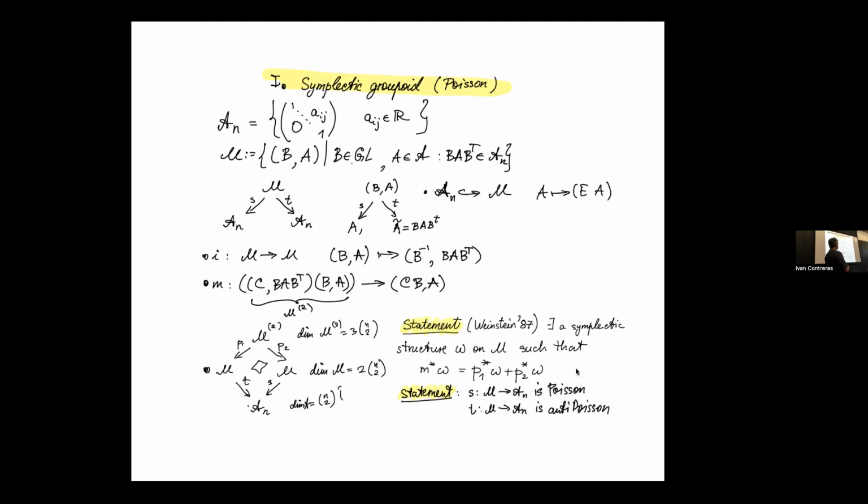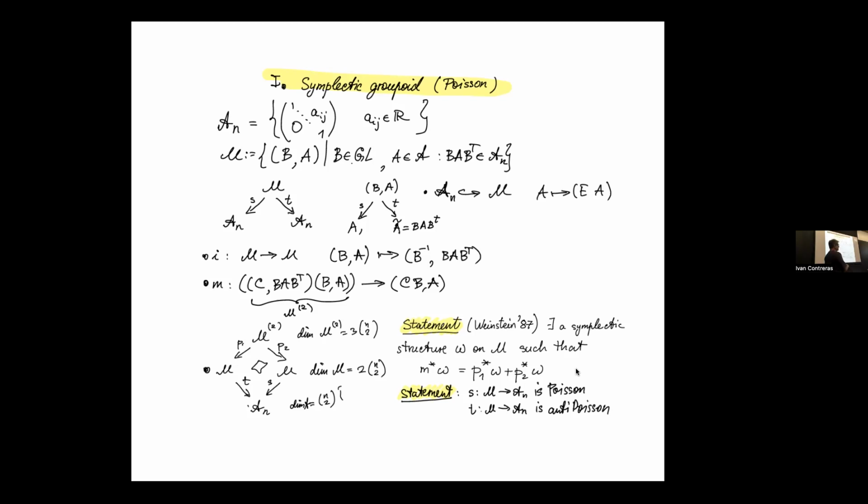So finally, the claim by Weinstein is that there exists a symplectic structure omega on M such that it satisfies the following condition: that the pullback of omega, so we lift the symplectic structure from M to M2, decomposes as the sum of pullbacks of omega by P1 and by P2.